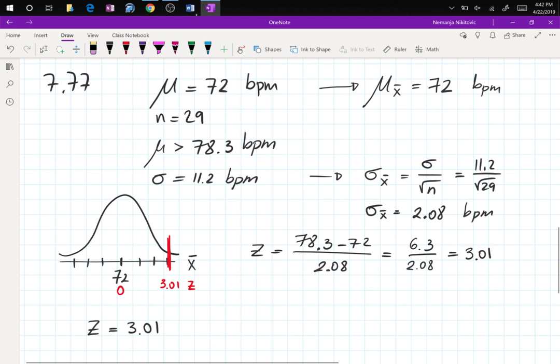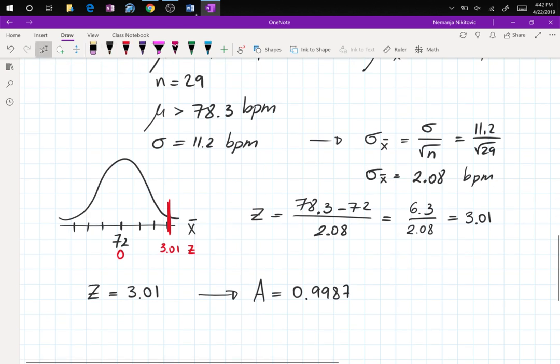So the area for a z-score of 3.01 is 0.9987, which means that the area to the right is 1 minus 0.9987, which is equal to 0.0013.